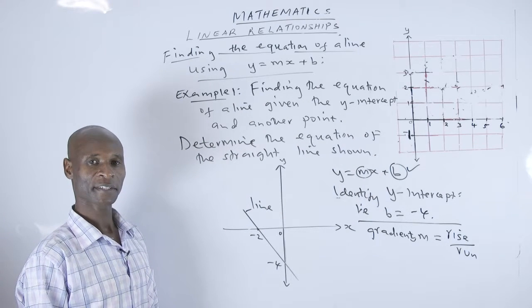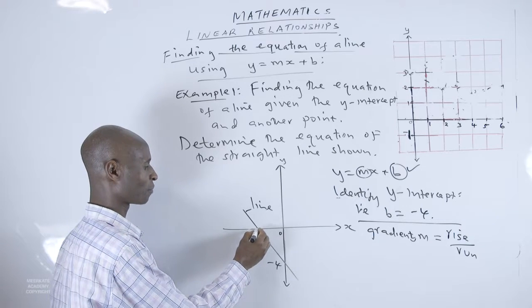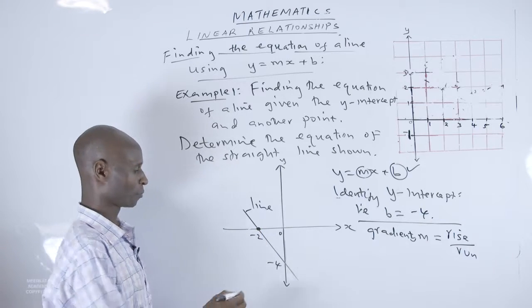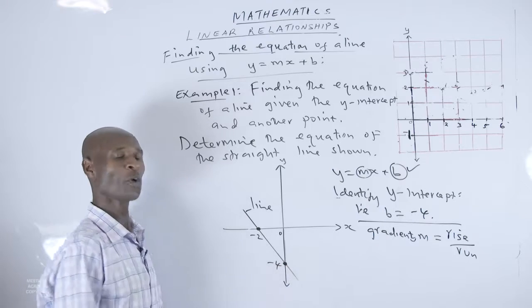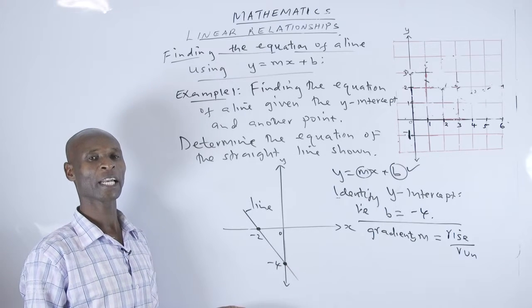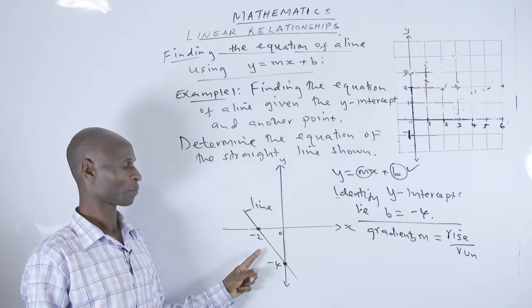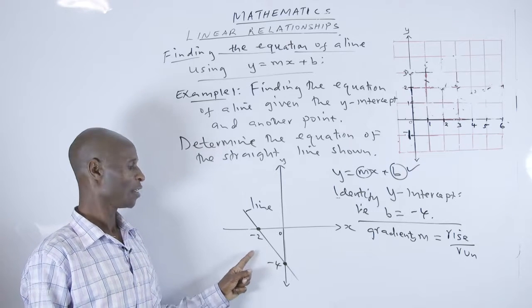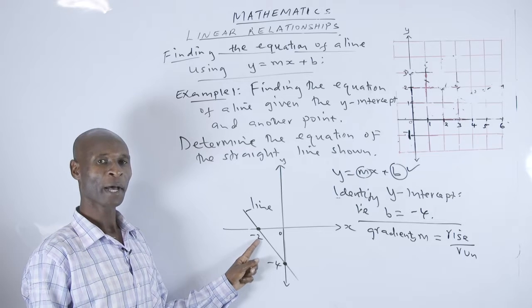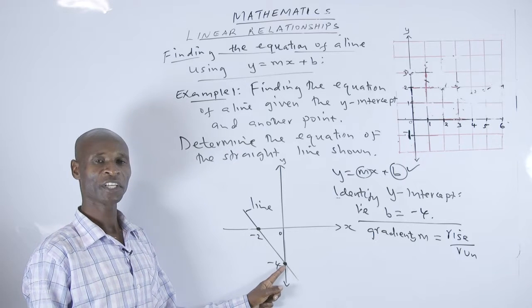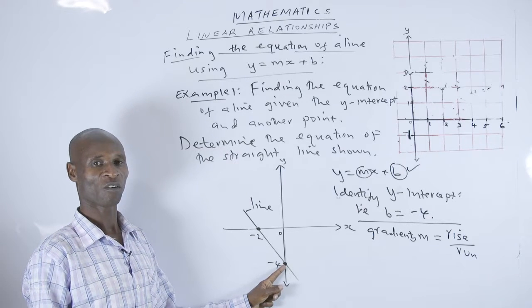So in this case, we look at this point. We choose any 2 points on that particular line. I've represented the 2 points with a dot. The first point is (-2, 0), and the next point is (0, -4).